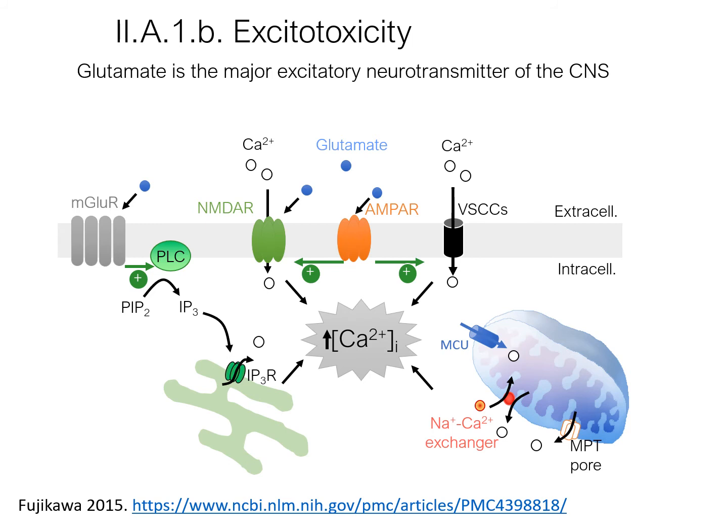Under normal conditions, glutamate that is released from presynaptic terminals interacts with these receptors and causes calcium influx, which promotes neuronal depolarization.